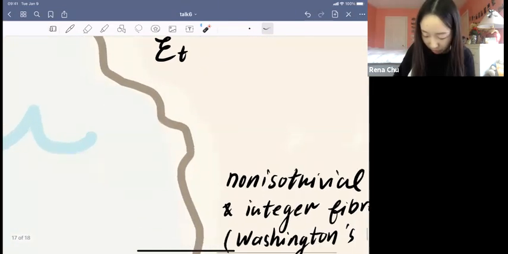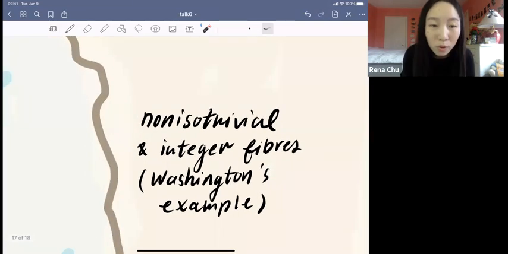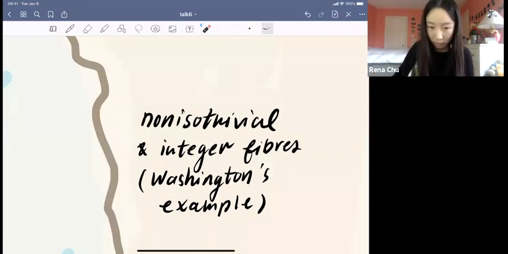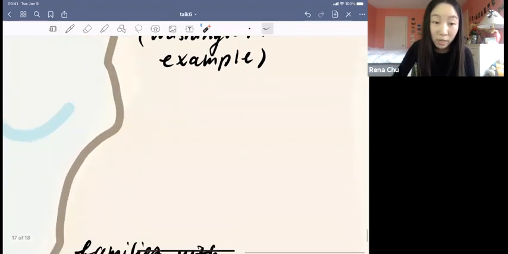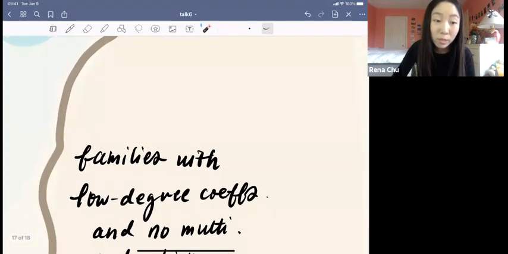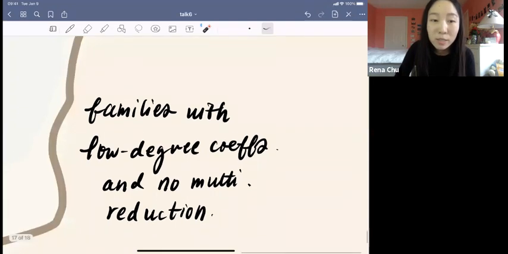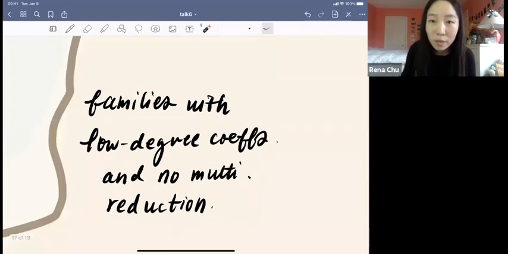Then motivated by Washington's example, we shifted our focus to non-isotrivial families and their integer fibers. From here, we narrowed our focus even more to families with low degree coefficients and no multiplicative reduction at finite places. And we did this because there's a very nice result where we know that there are exactly essentially six families that satisfy this.